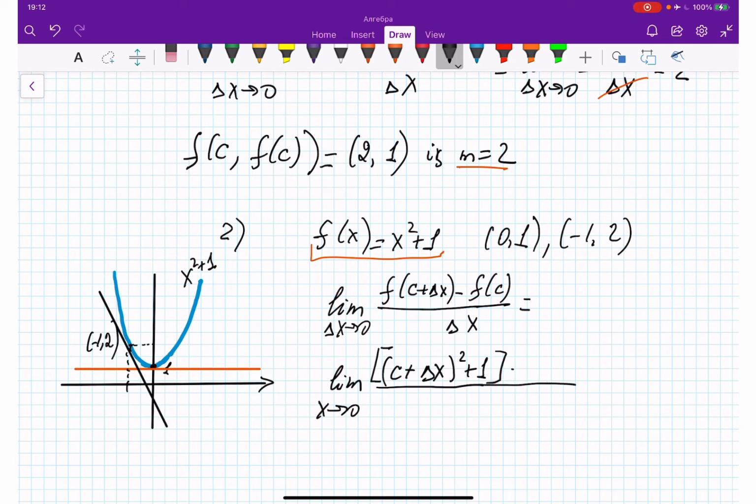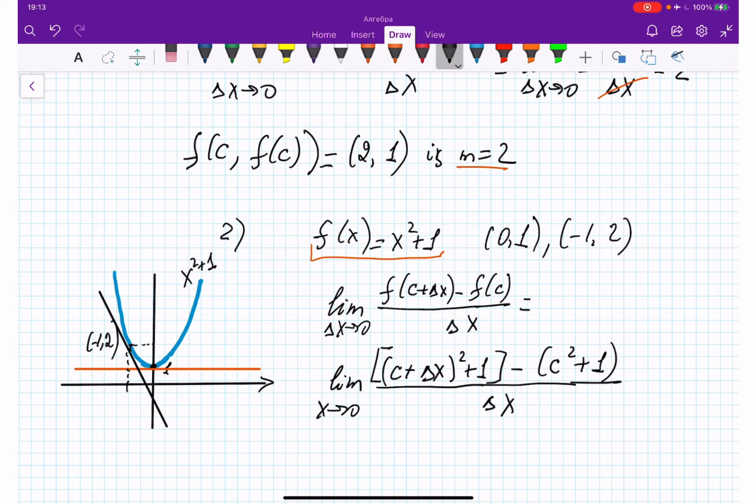And minus c squared plus 1. So for the point c, this is how we are going to find our slope. So c plus delta x and then c. c squared plus 1. And we divide by delta x.